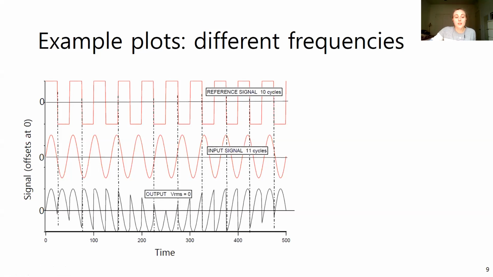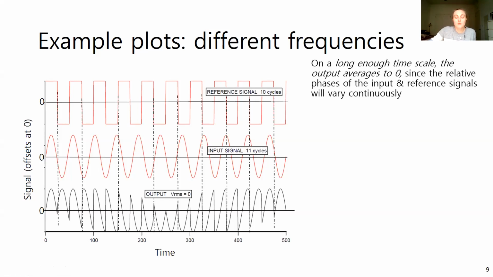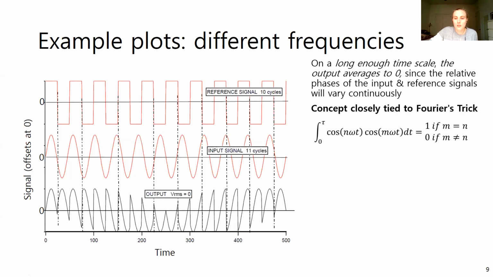And again, this is where it's very important to average and select your time constant appropriately. So if you average over enough cycles, you will get a 0, but if you don't choose that strategically, you'll get a fluctuating signal.